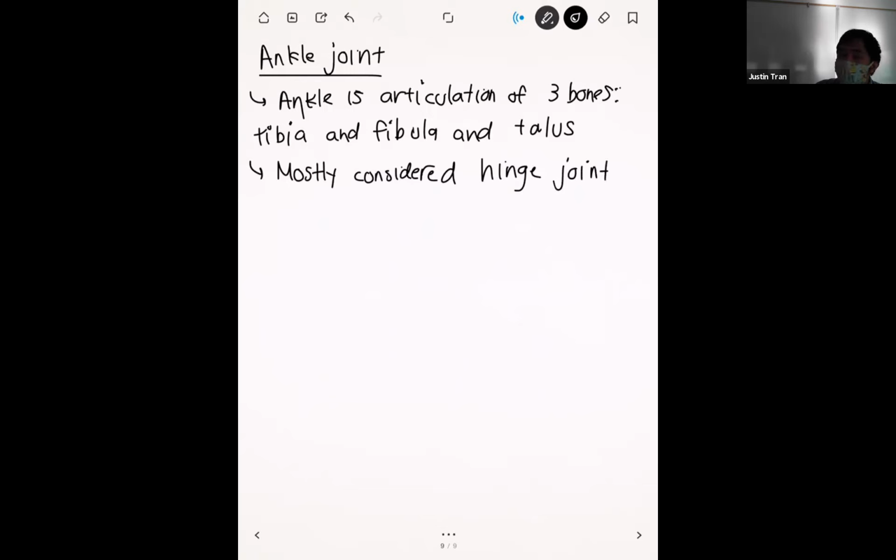And the two main actions that the ankle can do are plantar flexion and dorsiflexion. Okay. And remember, the main muscle that's responsible for plantar flexion is your calf muscle.